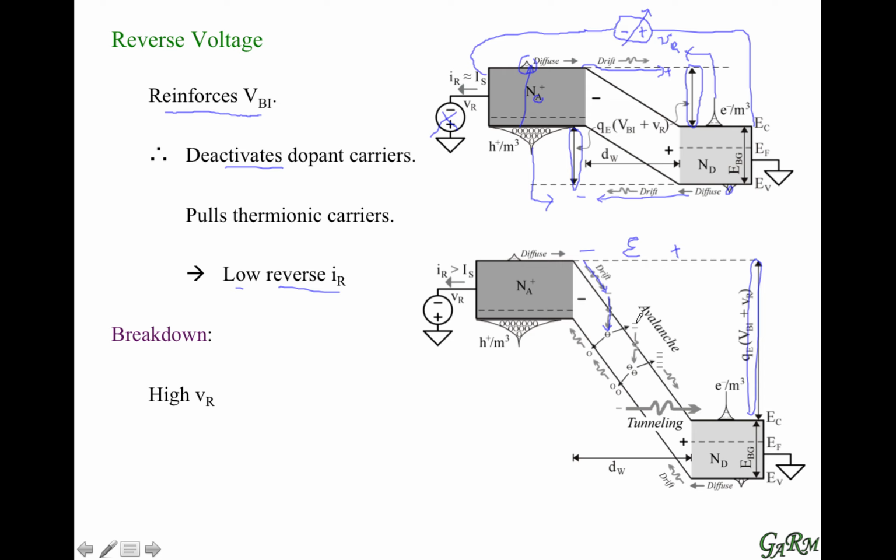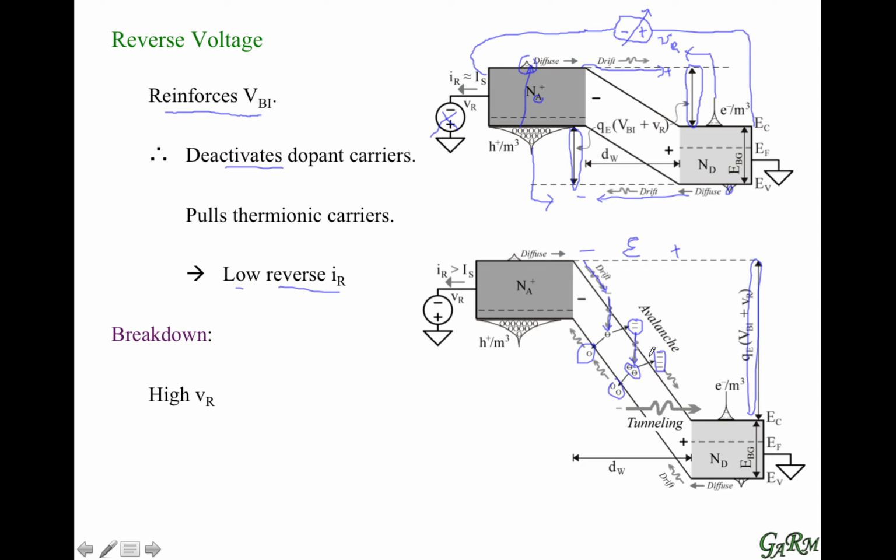As a result, we free one electron, and we have two electrons after that crash, and when that electron is freed, it creates a hole on the other side. Then those two electrons are accelerated by the same electric field to such an extent that they crash into two more bound electrons, and they free two more electrons and two more holes.